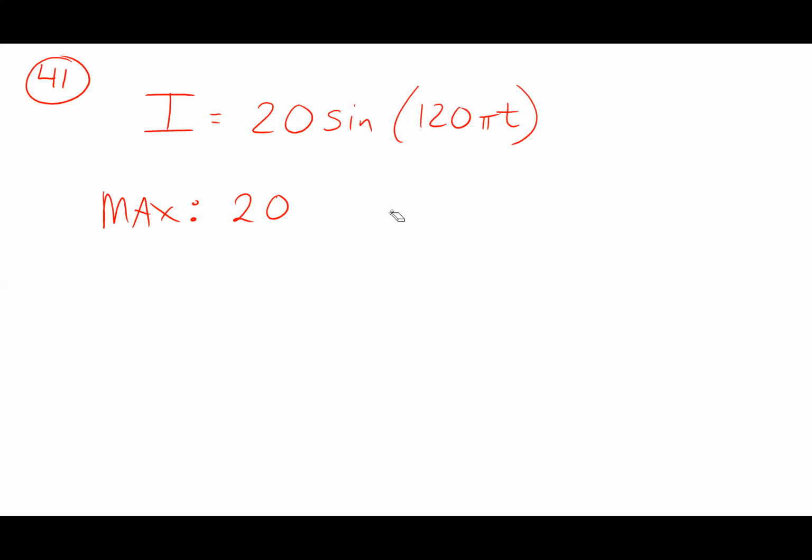And then what's one complete cycle? One cycle is the period, which is saying the same thing. How do we find it? We have 2 pi over 120 pi.